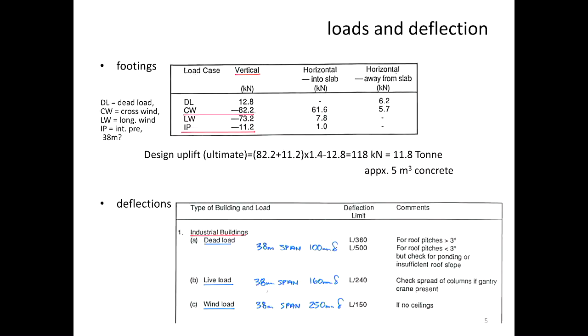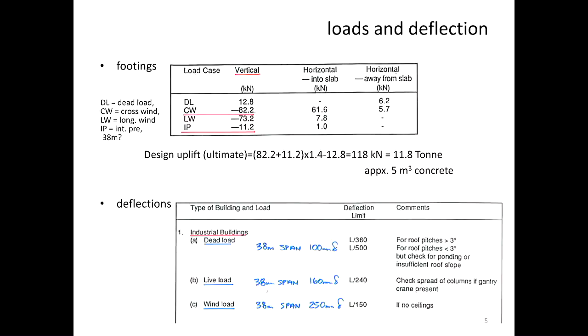Okay? So what happens is, if you have a dead load, assuming that's a dead load, it is providing gravity downwards. Is that correct? Whereas if you have a crosswind load, it's going to tend to push the structure over. Longitudinal wind is going to push the structure over as well.